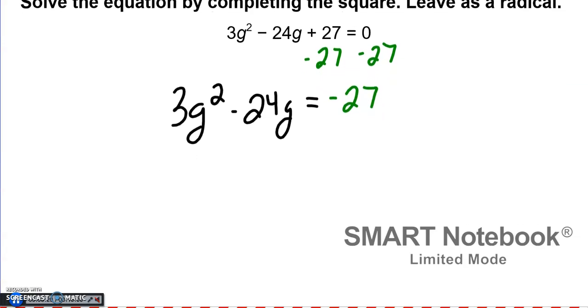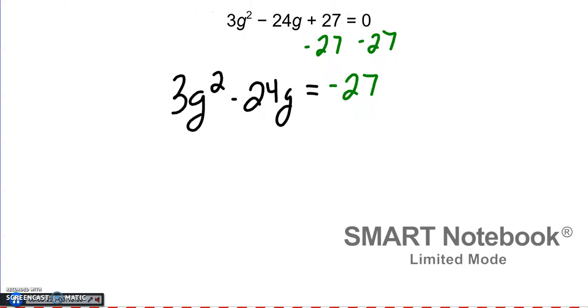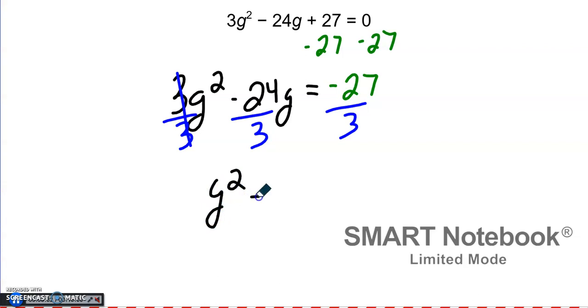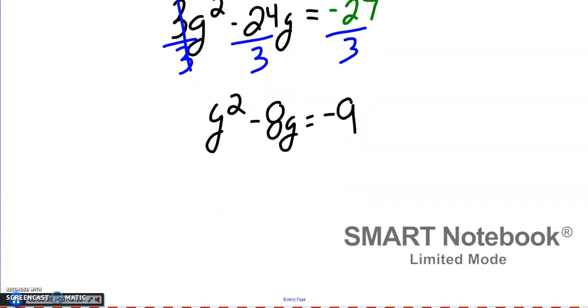We need that a value to be 1, so I have to divide everything by the coefficient of our quadratic, which is 3. So now we get g squared minus 8g is equal to negative 9. And now we can complete the square.